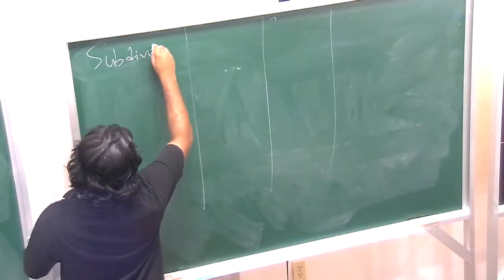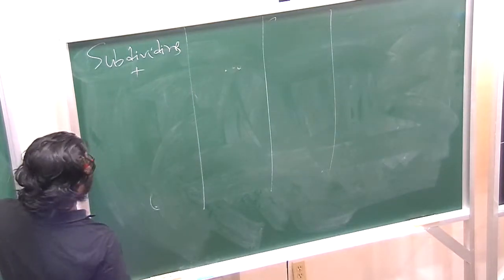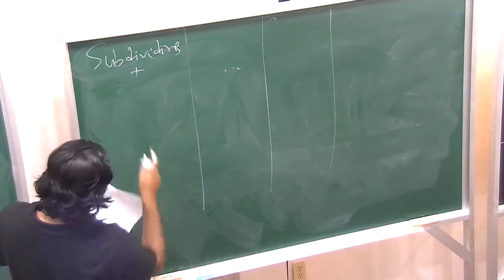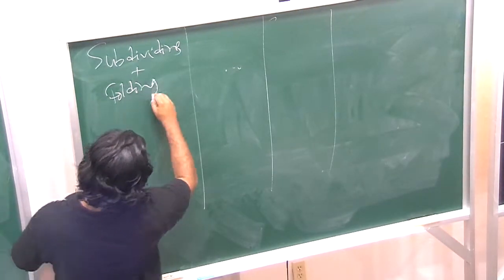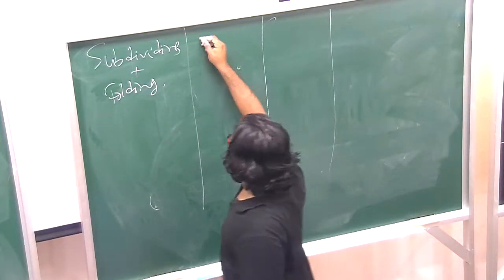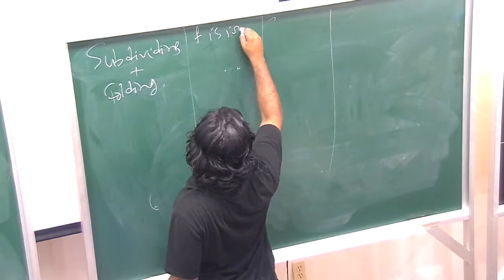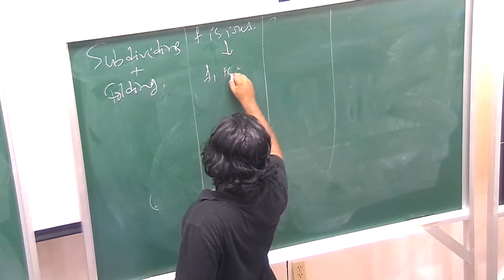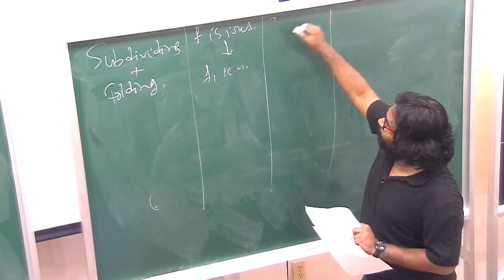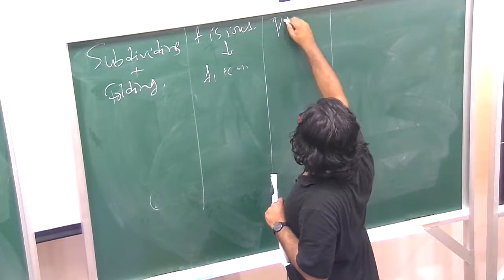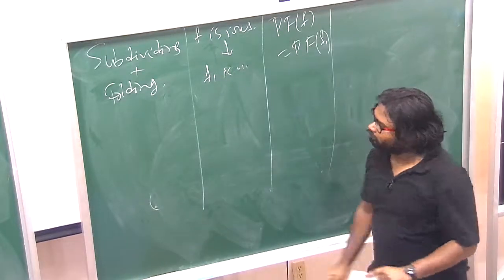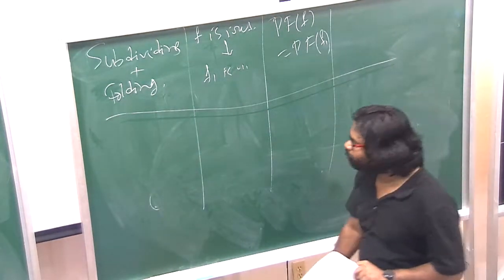Consider all the group actions like subdividing and folding, and what they do to F. If F is irreducible, after subdividing or folding I get F1, which is again irreducible, and the PF eigenvalue of F is the same as the PF eigenvalue of F1.